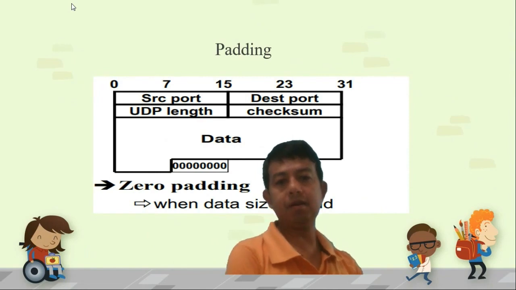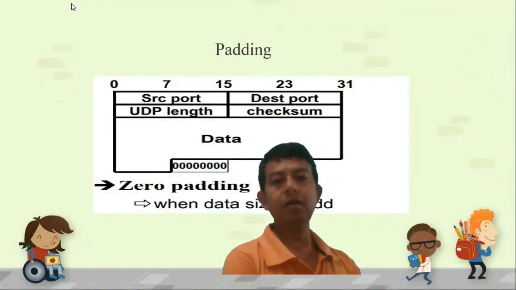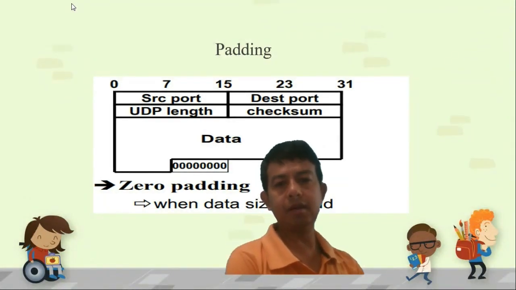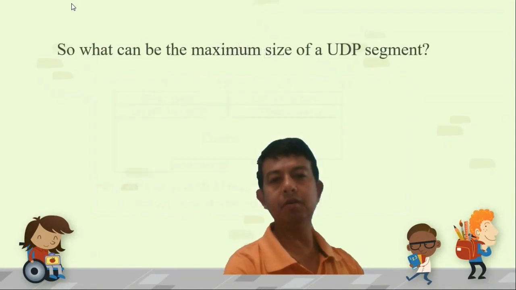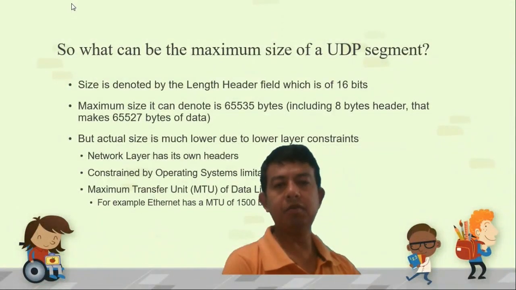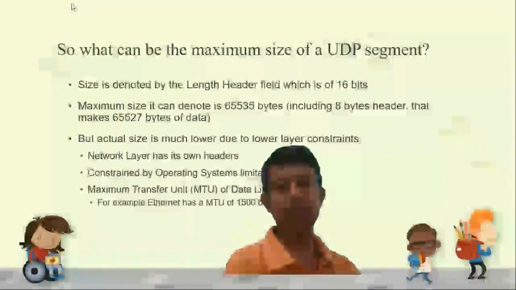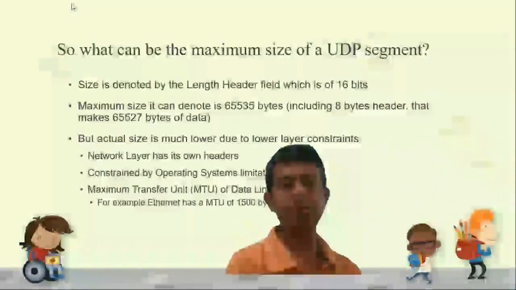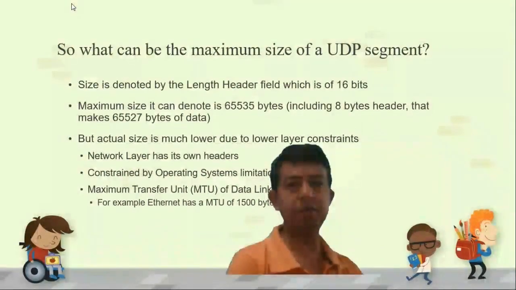Now the size of this field is 16 bits. The size of the header field that indicates the size of the UDP segment is 16 bits, which essentially means that a maximum size of 2 to the power 16 can be indicated to be the maximum size of a UDP segment.